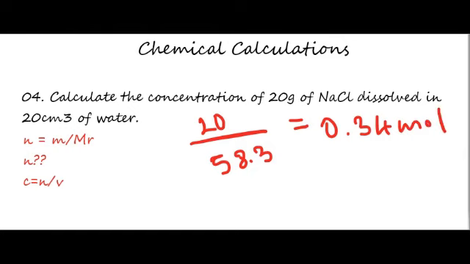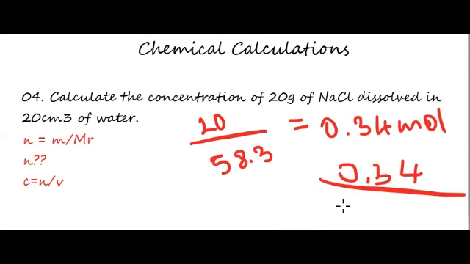Number of moles calculated. 0.34 divided by 20 into 10 to the power minus 3. We have to get it in dm3. 1 dm3 is equal to 1000 cm3, so 1 cm3 is equal to 0.001 dm3.